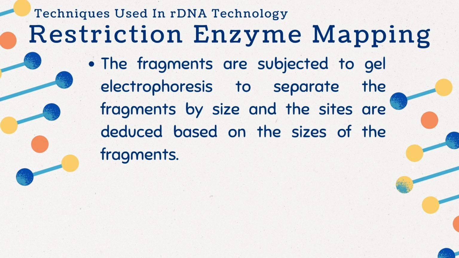So, by looking at how big each fragment is, yung mga scientists can figure out where it came from in the original DNA sequence. So, isipin mo, katulad ito ng isang sorting puzzle pieces by size to help put together a picture. Okay, nagigets pa po ba?